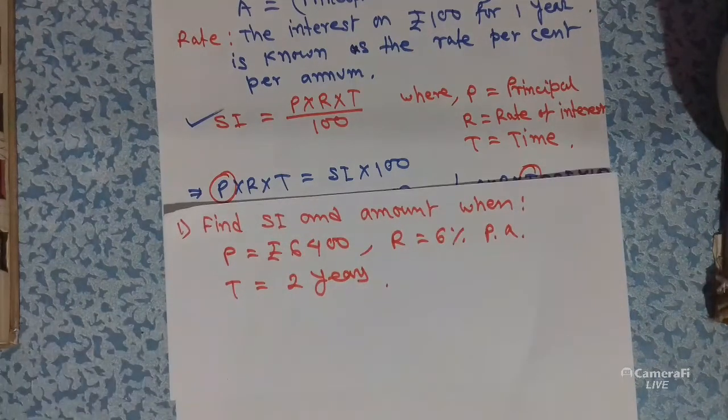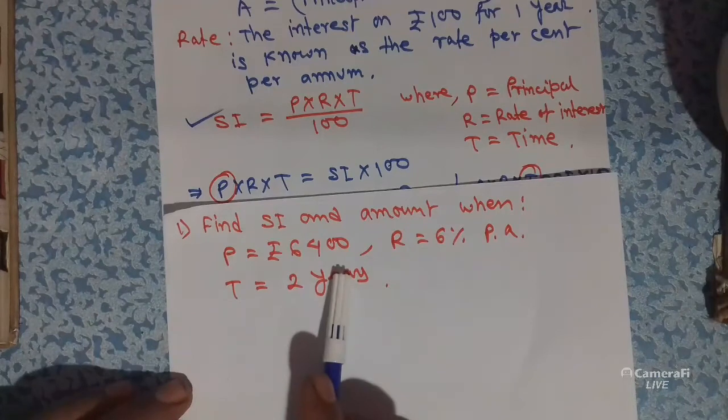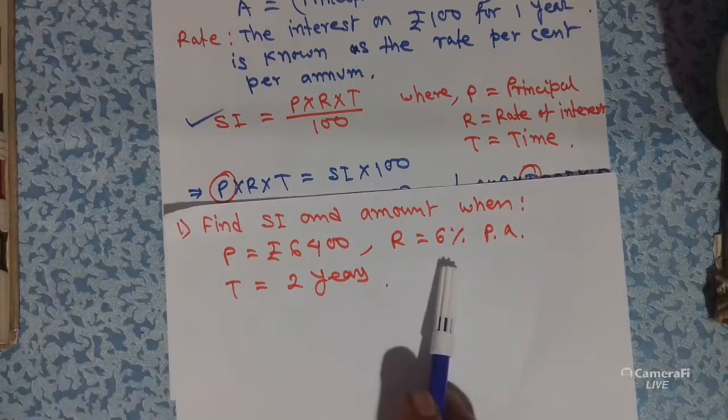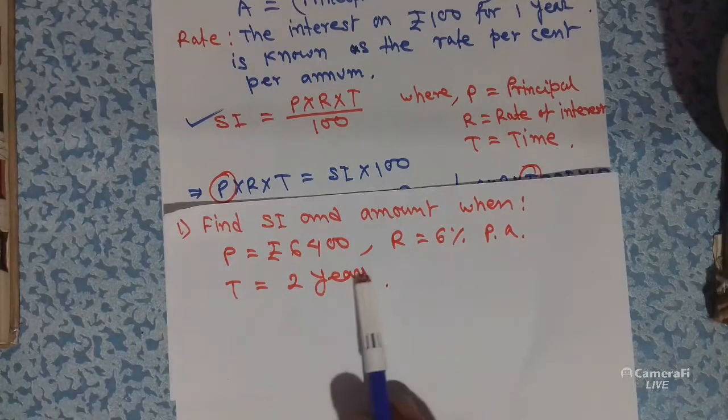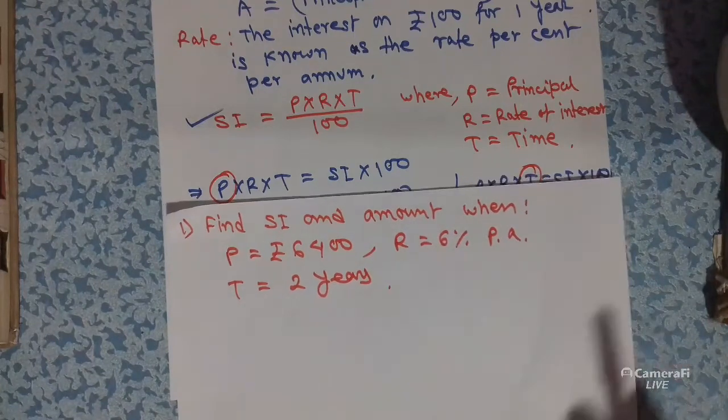The problem is to find simple interest and amount when principal is rupees 6,400, rate of interest is 6% per annum, and time is 2 years.